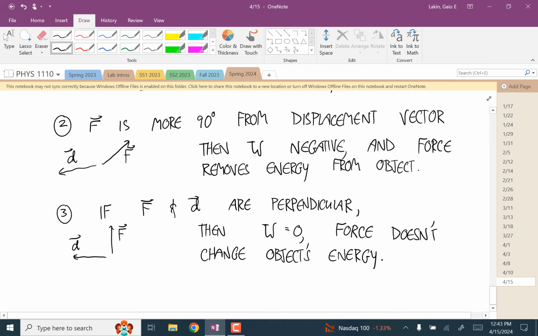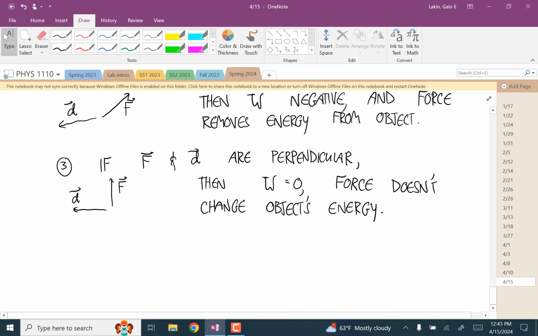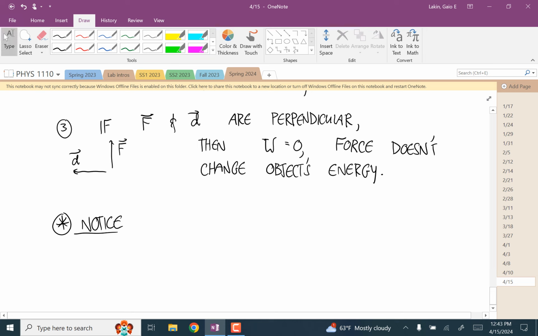What does it mean for an object's energy to change now when we're talking about mechanical energy? So this is something important to keep in mind when you're thinking about this. An object gaining energy means it's speeding up.